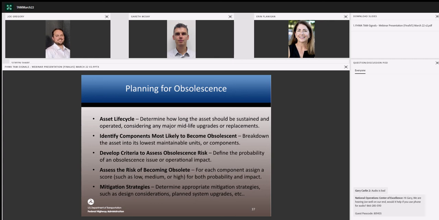So what are the strategies you can put in place? With all risks, there will be times when you want to just accept that risk and manage it when something happens. In other situations, that won't be an acceptable approach, and you'll want to do something about it, be better prepared, or get ahead of it before that obsolescence or that risk becomes real.